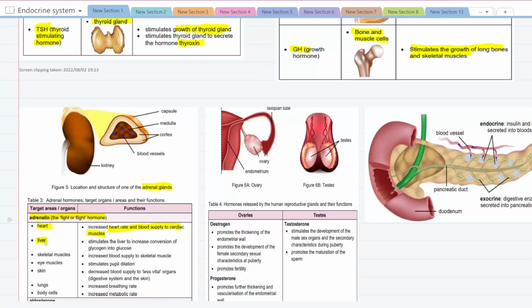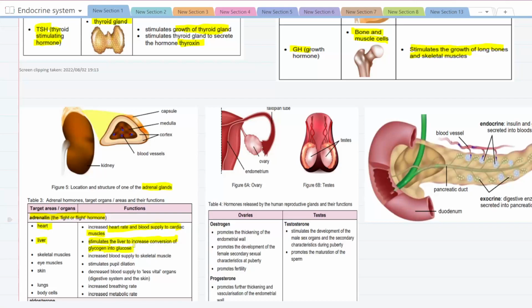So the liver as well will be a target. This converts the stored version of glucose, the glycogen, into glucose, because glucose is needed for cellular respiration, and knowing that cellular respiration produces energy, you do need that energy so that you can escape that stressful event, whether you are seeing a snake or running away from a dog or whatever that may be.